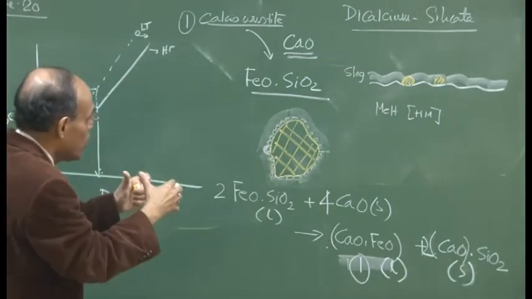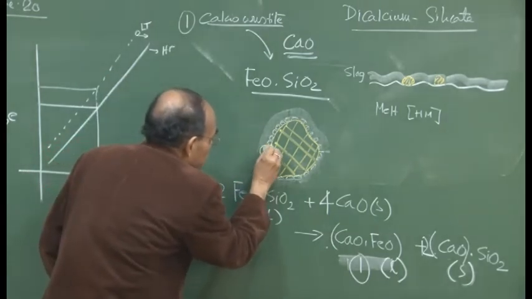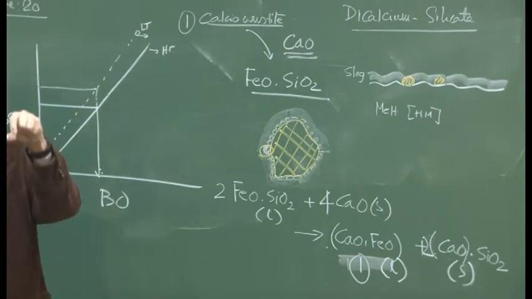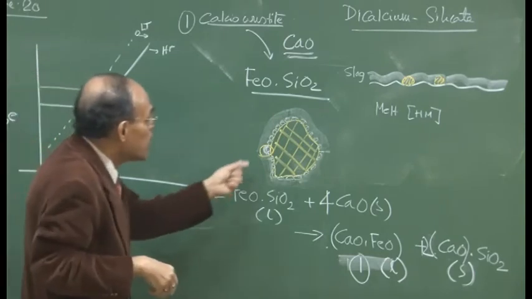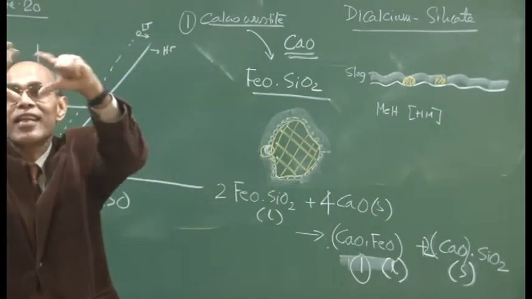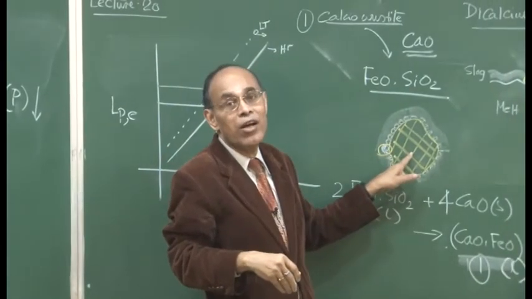This product you can see as a liquid in which the solid particles are dispersed, and this provides an impervious coating around the existing lime body, impeding the further dissolution rate of lime itself.